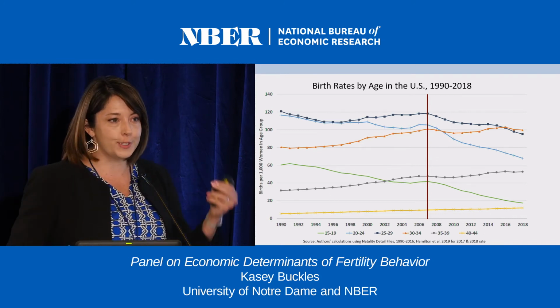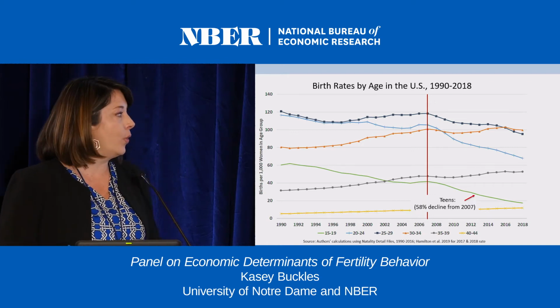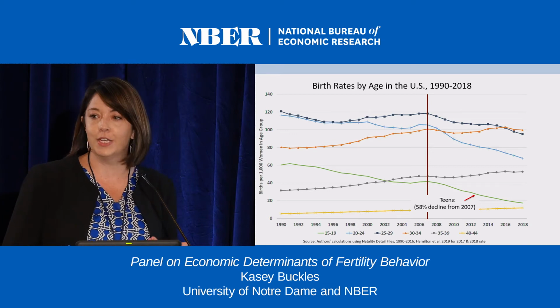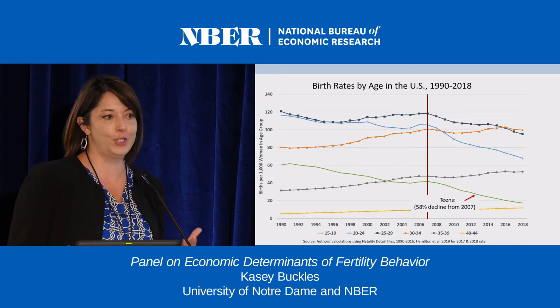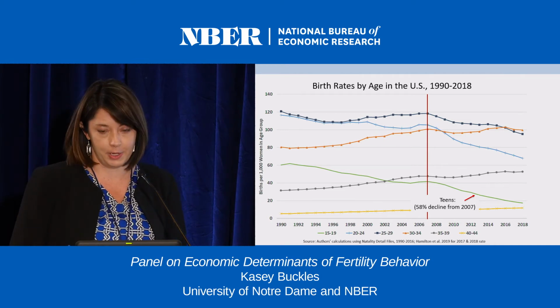But then in 2007, it starts to fall dramatically again, to the point where we have seen a 58% decline in teen fertility in 11 years. That is just astonishing that it has fallen that far in such a short amount of time.